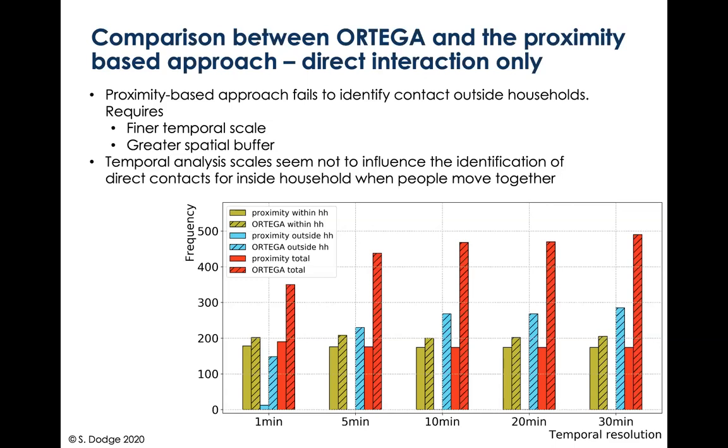And basically, changing the temporal analysis scale influences delayed interaction, as I showed before, but not so much the direct interaction when people move together.